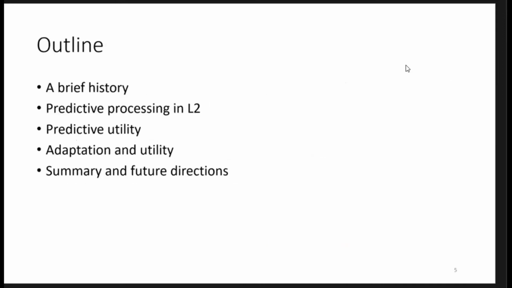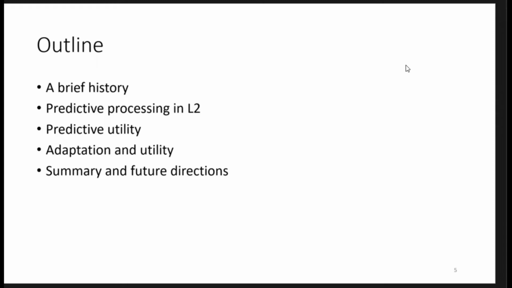So what I'm going to do first is give you a brief, biased history of the role of prediction in language processing, then focus on predictive processing in L2, then illustrate the idea of prediction and utility. So that's something that Therese Grüter and I have been using in our chapter. And then I'll talk about adaptation, so that the learning loop and the role of utility therein.